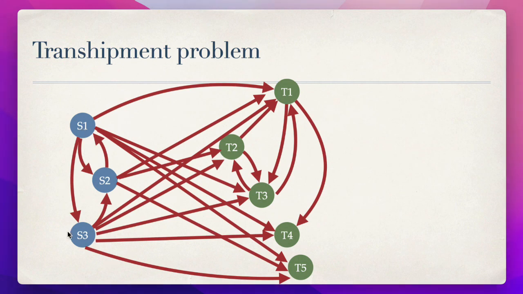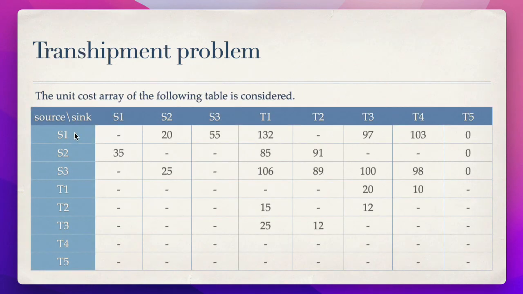And each line, I mean the shipment in each direction, costs differently. For example, if we ship from S1 to S2, it costs 20. If we ship from S1 to S3, it costs 55. If we ship from S1 to T1, it costs 132. Or we ship from S1 to T3, it costs 97.